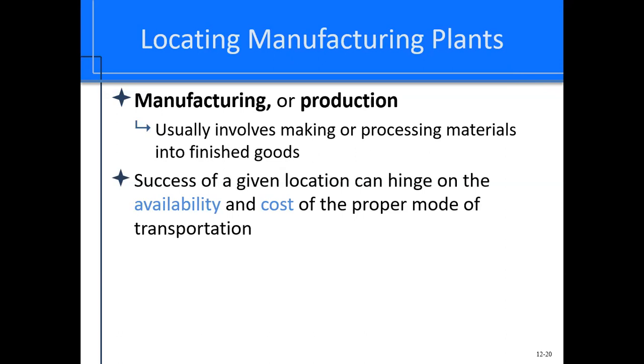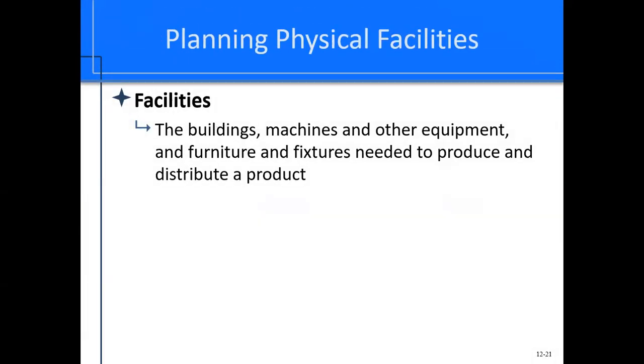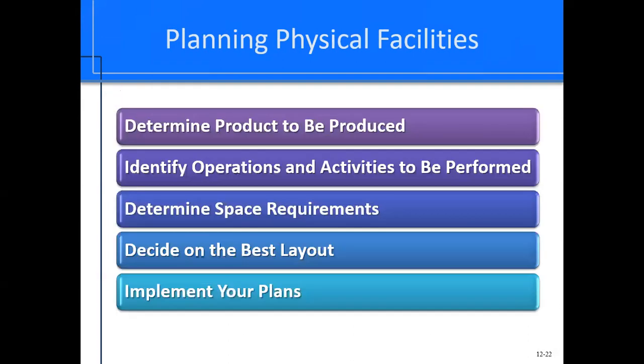You want to have good access to the different transportation. And then to plan the physical facilities, the buildings, different machines, other equipment, and the furniture that you need to display or produce the product.